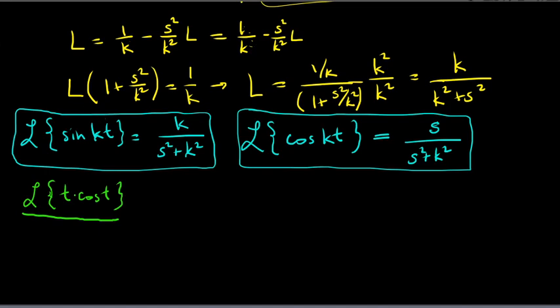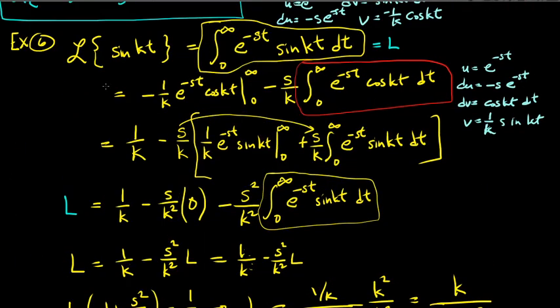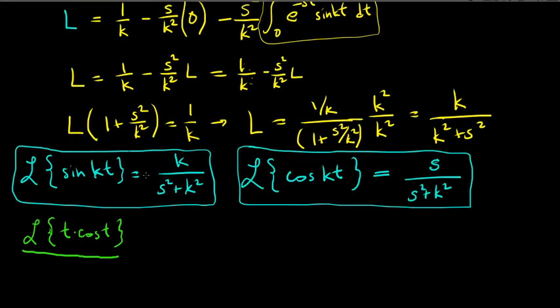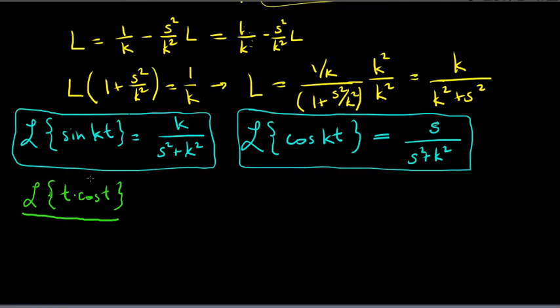For other functions, let's say you want to do sine plus cosine, or e to the 5t plus sine of 7t minus 6 cosine of 4t, the nice thing about the Laplace transform is that it's linear. It is a linear transform, and what we mean by that is the following.